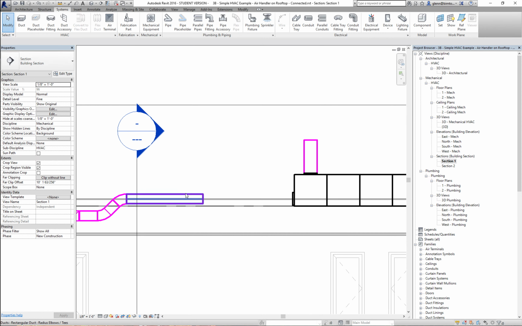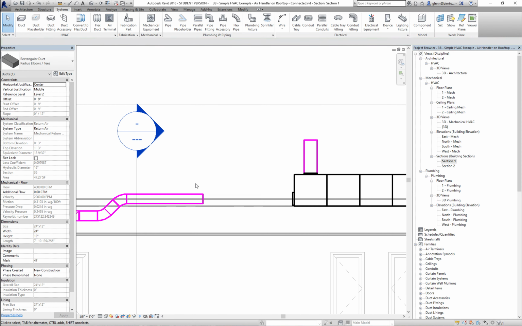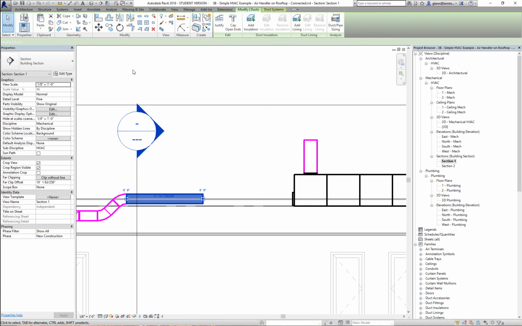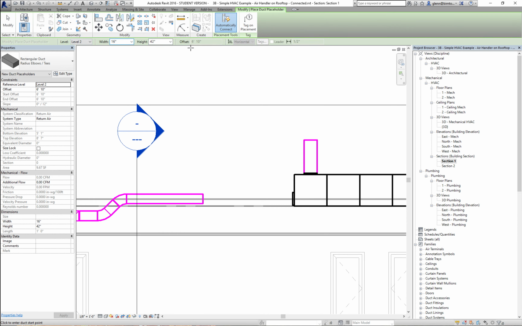In terms of the size of the ductwork though, let's make that match too. What do we have here? About 12 by 24 on this one. So for my new piece of ductwork, see if I can get that same sort of 24 wide by 12 high. Automatically connect. Let's see if we can make this work. I'll come up.